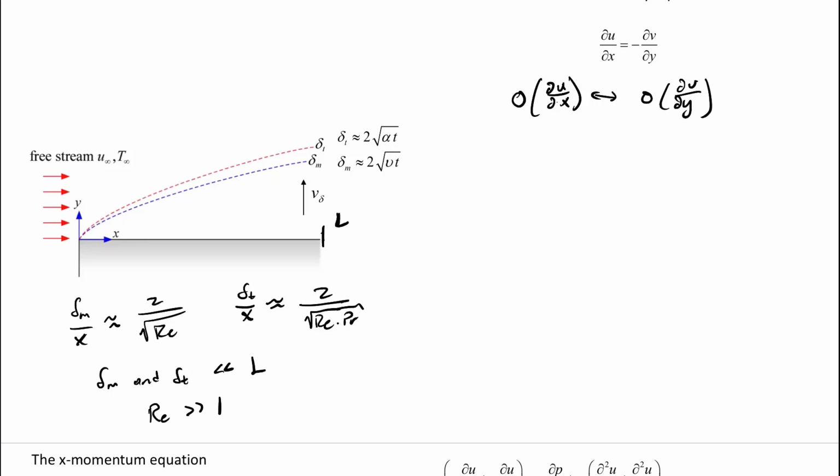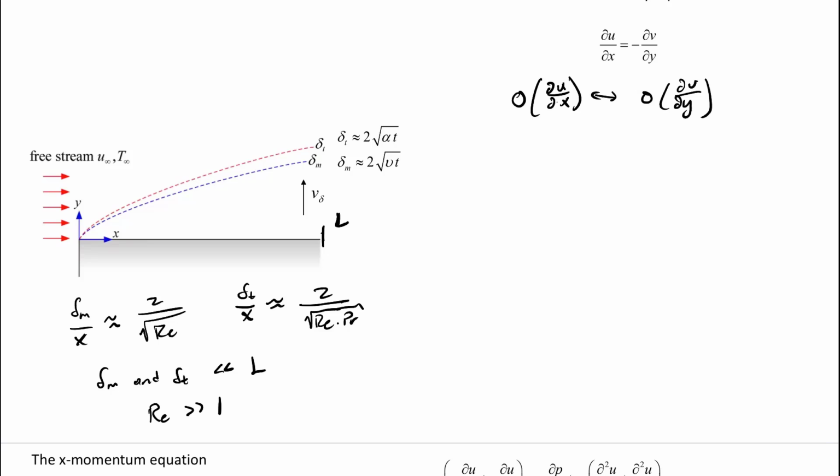We don't care so much about preserving signs and coefficients. We're looking at whether the order of those two things is about the same. For this equation, they have to be, because what's happening on the left-hand side has to be exactly mirrored on the right-hand side. They're equal to each other by just a difference of a sign, so the order of both has to be exactly the same.